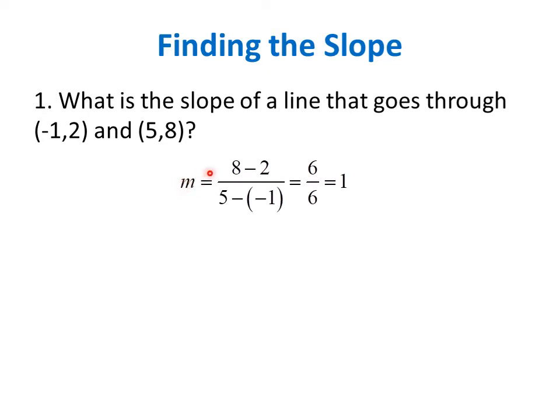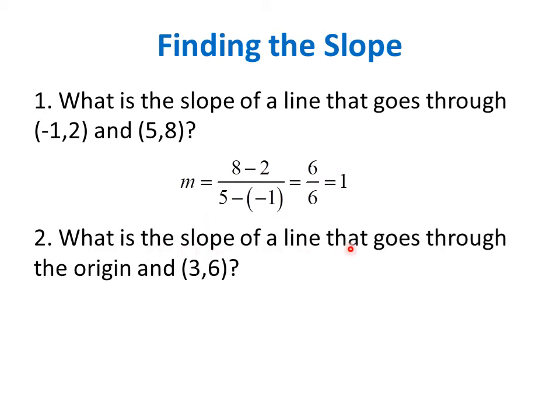So m is y2, that is 8, minus y1, that is 2, divided by x2, that is 5, minus x1, that is negative 1. 8 minus 2 is 6. We know that negative times negative is positive, so this is actually 5 plus 1, so that is 6. 6 divided by 6 is equal to 1, therefore the slope is 1.